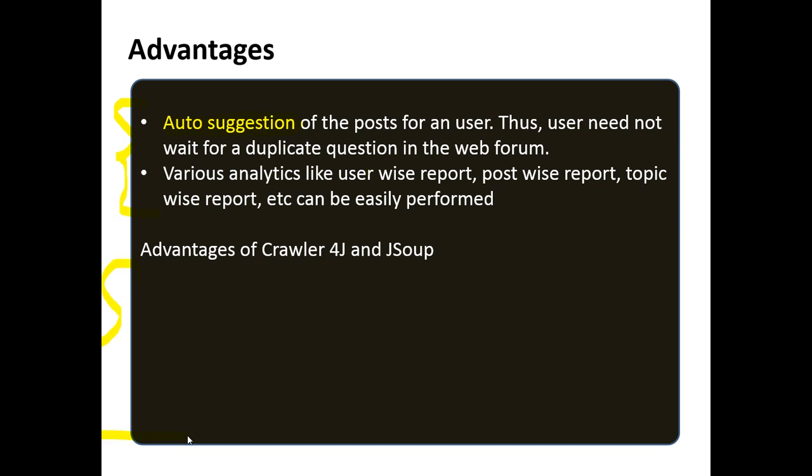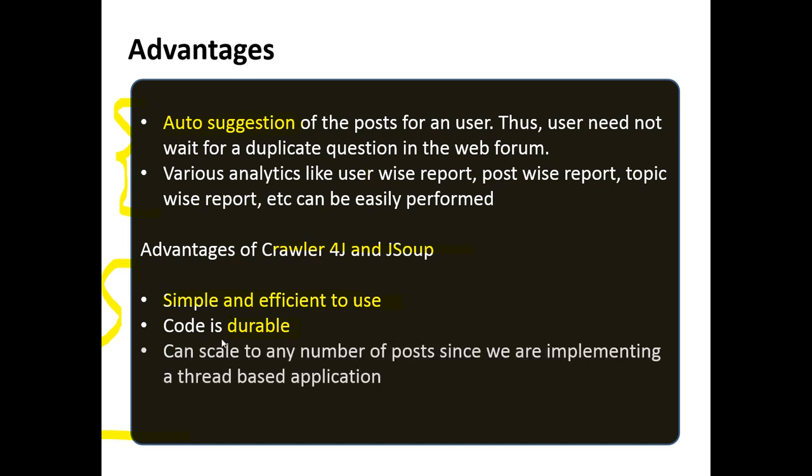So these are two of the advantages of the system. Now, speaking of the advantages of the technologies, these two APIs are very simple and efficient. They are very lightweight and faster, and the code is durable, meaning it won't break at a later point of time. So they are consistent and widely accepted, and it can scale to any number of posts.